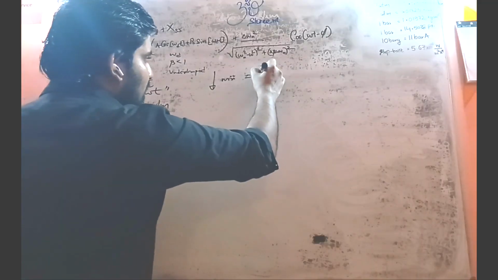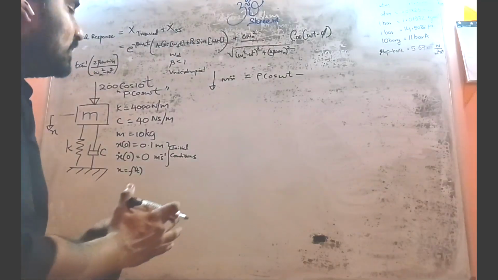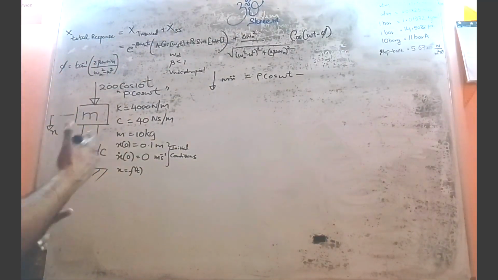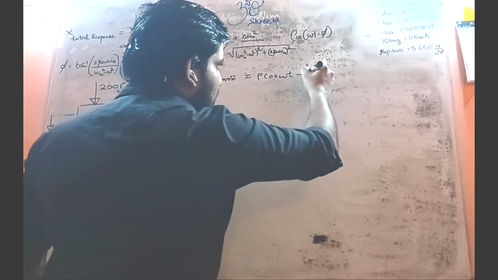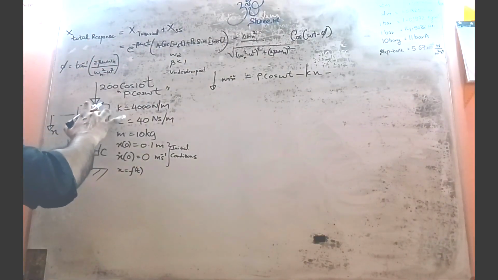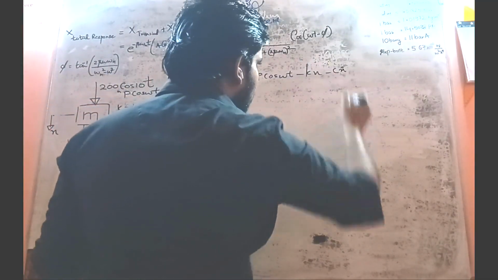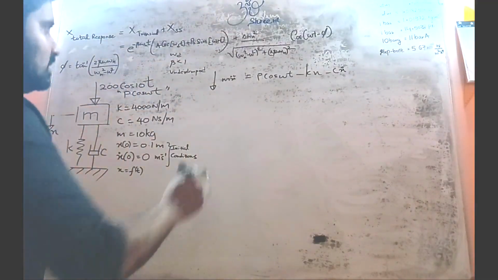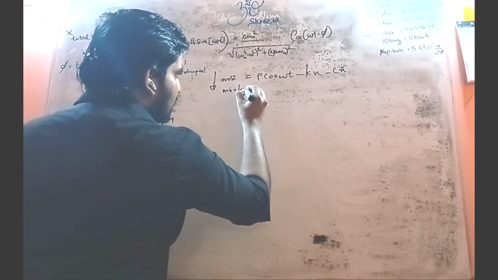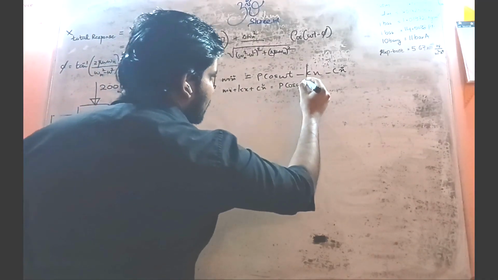So it equals p cos omega t minus, in case you need it you can refer to the previous recording, the reaction that is exerted on this mass, given by minus kx, and the reaction force exerted on this mass by the damper, which is cx dot, right? So now we can obtain this nice equation, which is mx double dot plus cx dot plus kx equals p cos omega t, right?